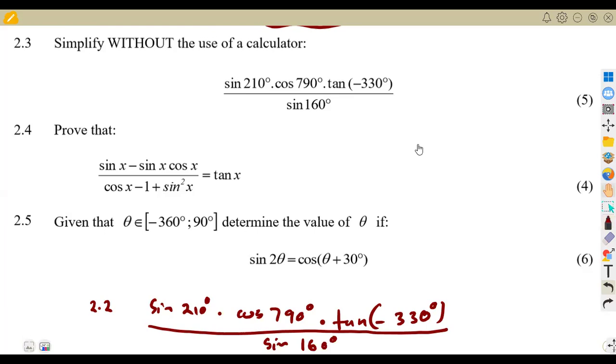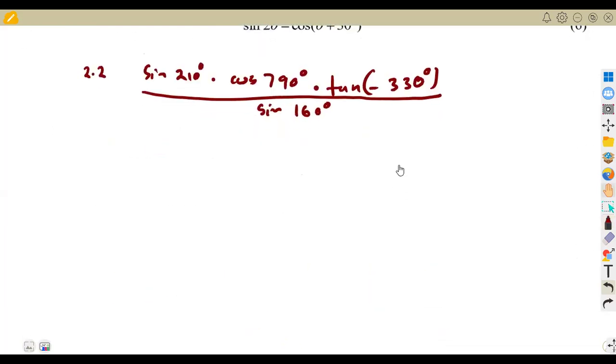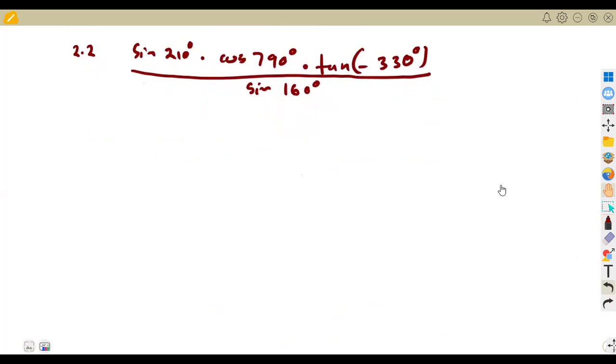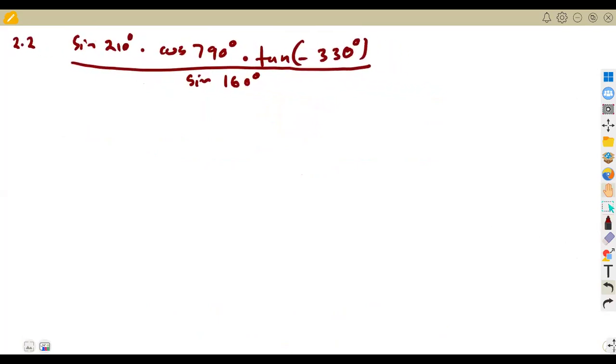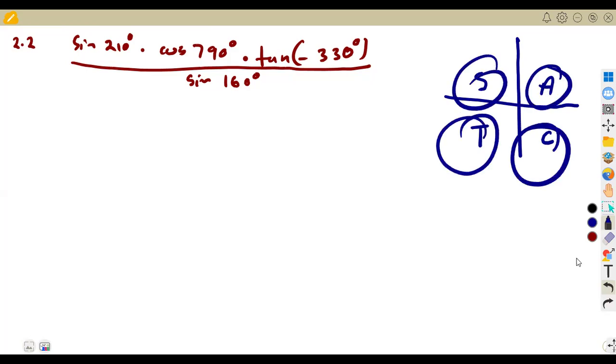So you have to understand your trigonometric application from your angles, positive angles, reduction of angles, this and that. Here it's a straightforward question. You just need to know the properties of your angles. Where does the angle lie in terms of our quadrants? Remember, from the CAST concept, or you can use All Students Take Calculus.